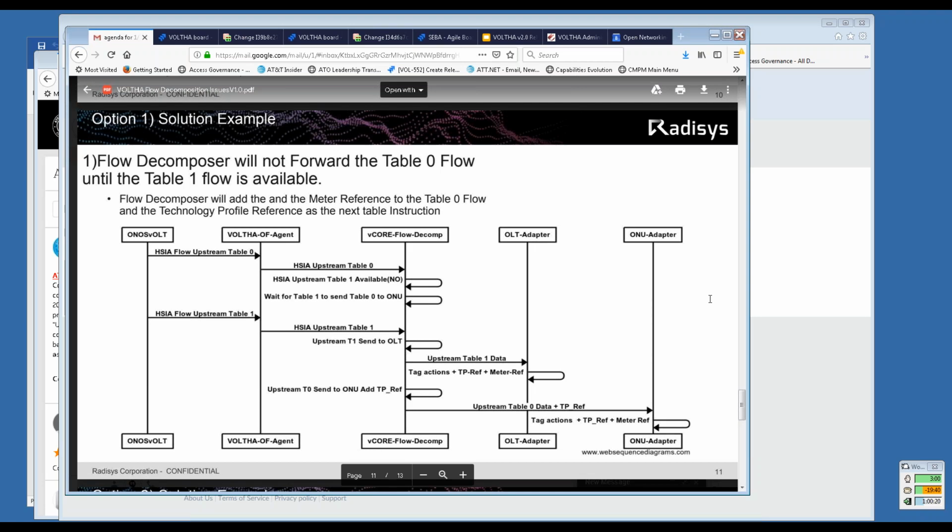The point was that if you use two tables, you can match on one field in one table and then another field in another table, right?